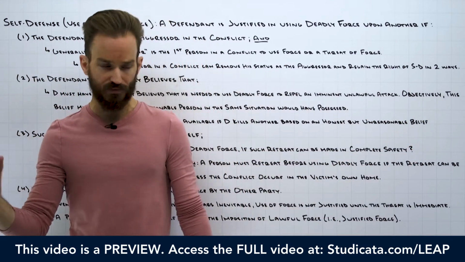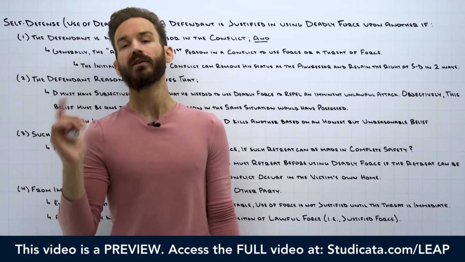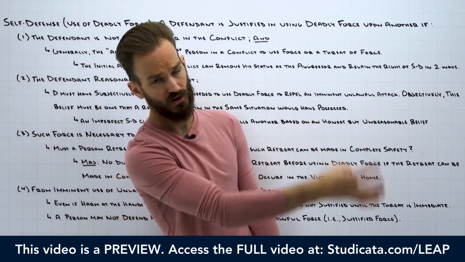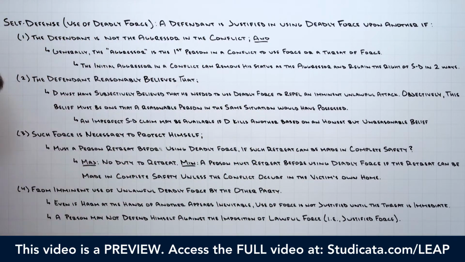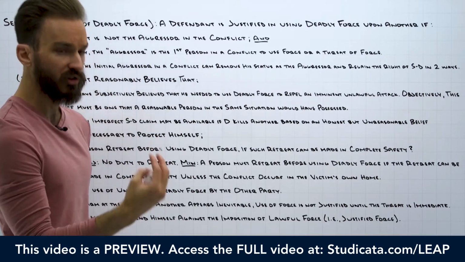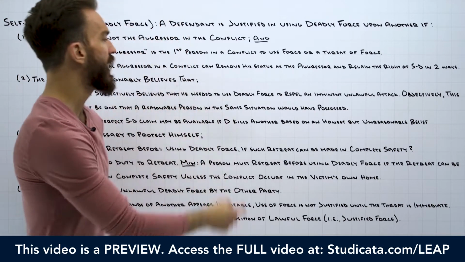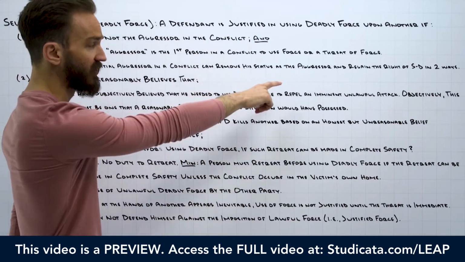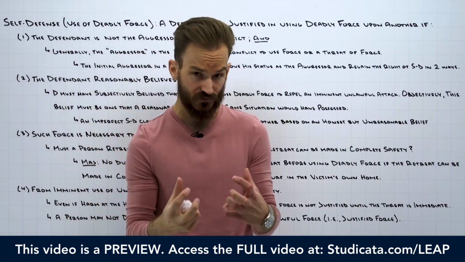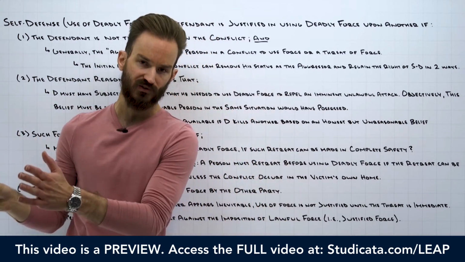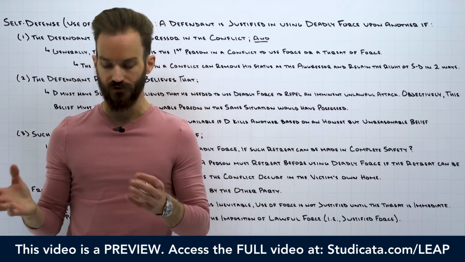I get really upset, he's heckling me, so I take out a gun and threaten the student with a gun. Well, I've just threatened this student with the use of deadly force, so I'm clearly the aggressor. The only way I can remove my status as the aggressor and regain the right of self-defense is if I renounce my threat and remove myself from the conflict.